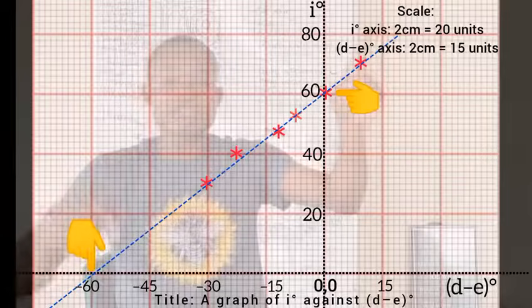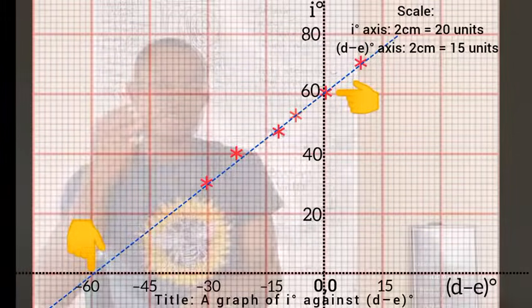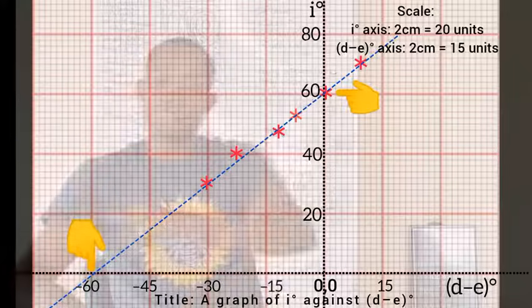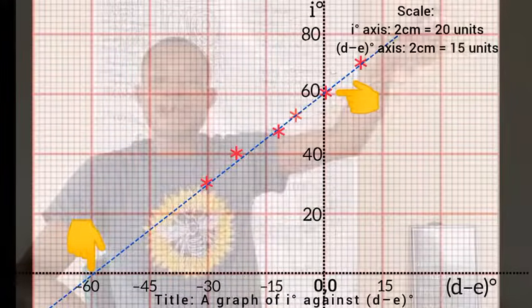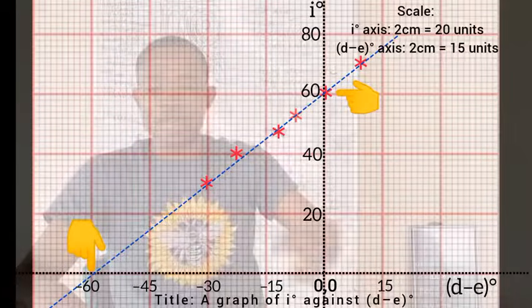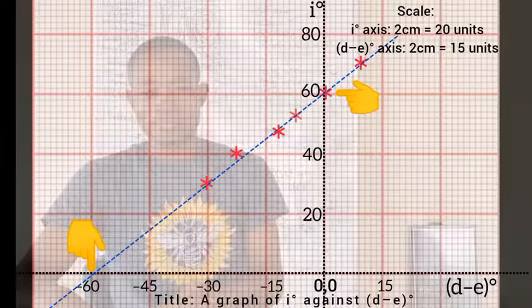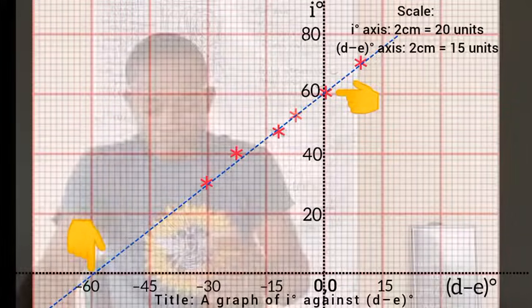So you have 60 on the vertical, 60 on the horizontal, which tells us that our line of best fit actually has intercept on the incident axis, the vertical, and on the D minus E axis, the horizontal. Let us now move on, please.